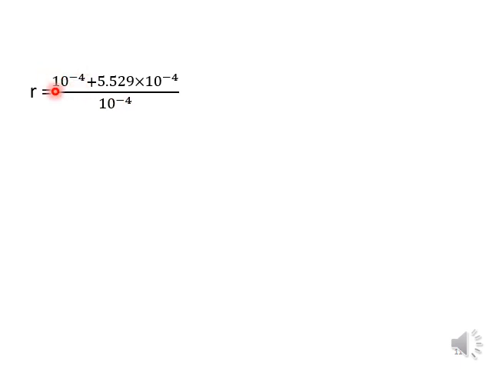So 10 power minus 4 is the clearance volume and this value is the stroke volume whatever we got by using pi by 4 d square L. So r value is 6.629 and after calculating the r value, by using the air standard efficiency formula we can calculate the efficiency of Otto cycle.